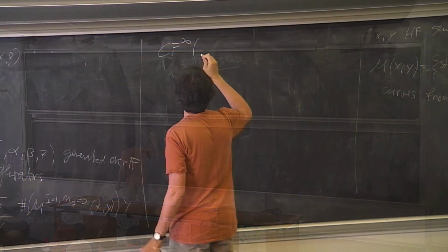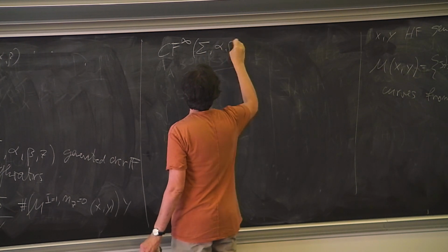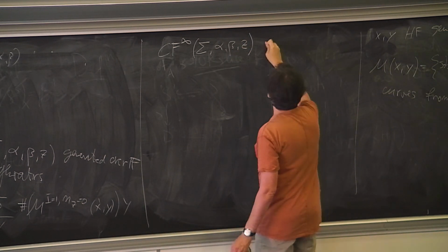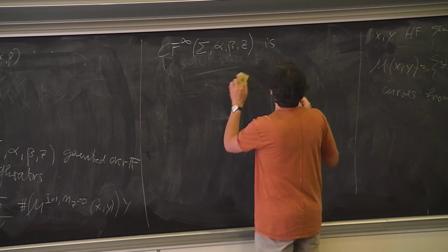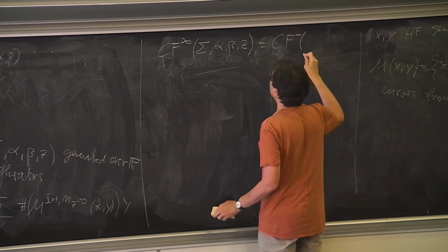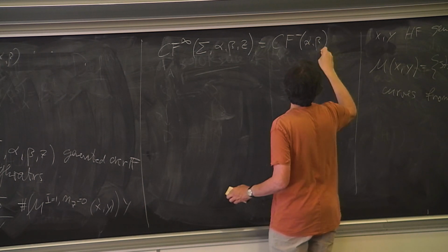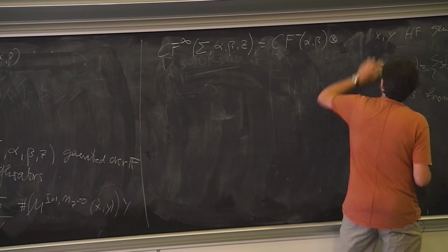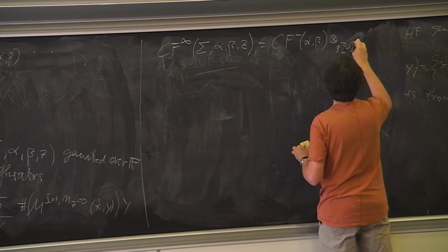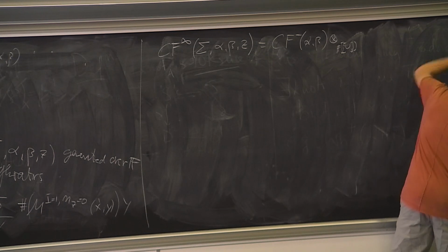Then CF infinity of sigma alpha beta z is by definition CF minus tensor over F[U] with the ring of Laurent series.